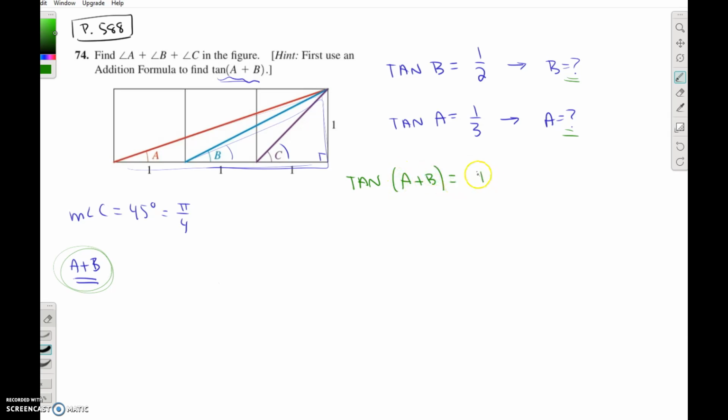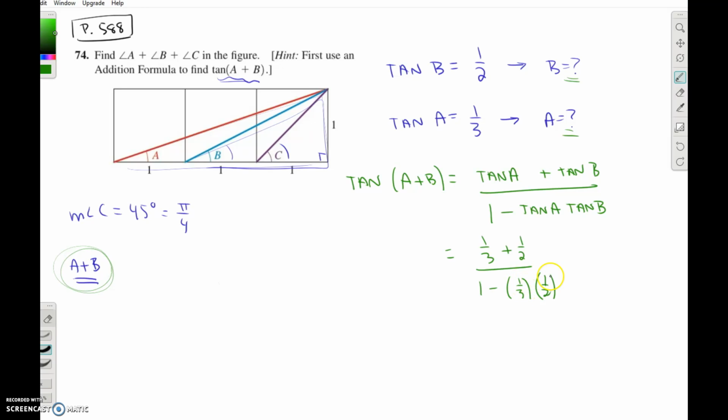Well, the tangent of A plus B, using our identity, is the tangent of A plus the tangent of B over 1 minus the tangent of A times the tangent of B. Just plug those values in. 1/3 plus 1/2 over 1 minus 1/3 times 1/2.